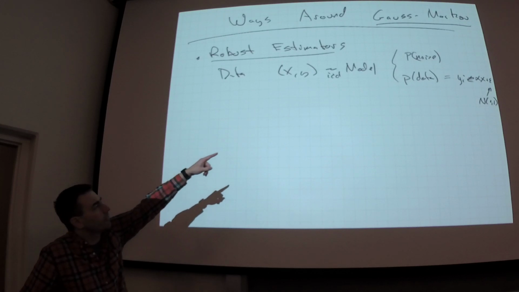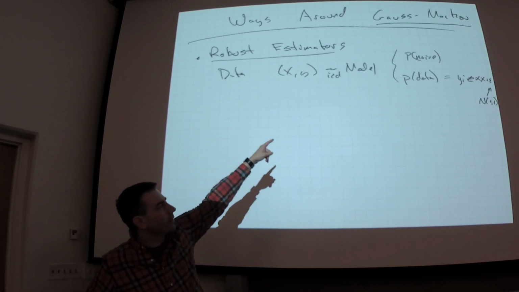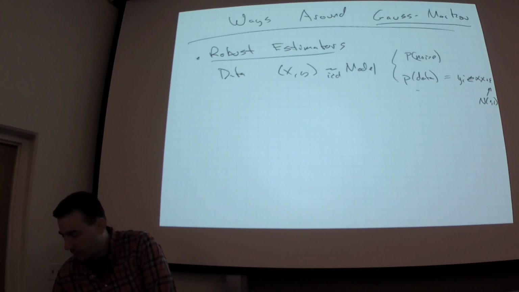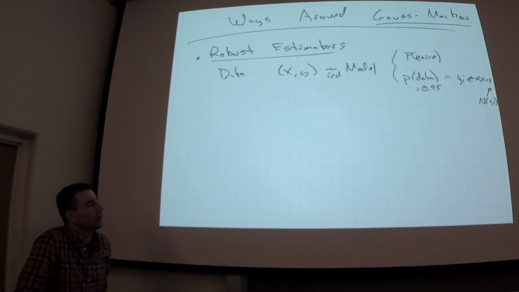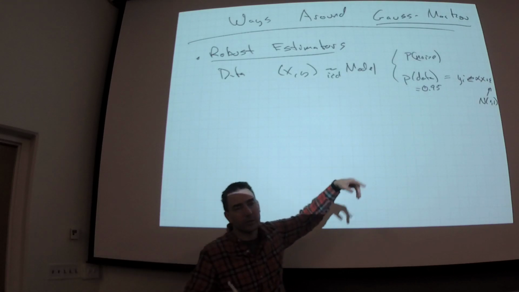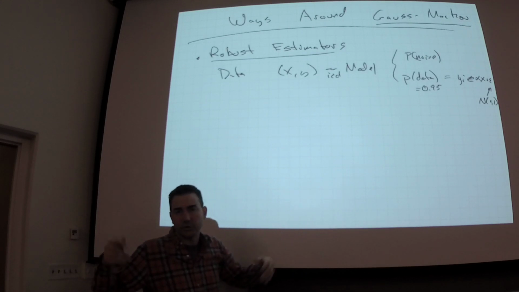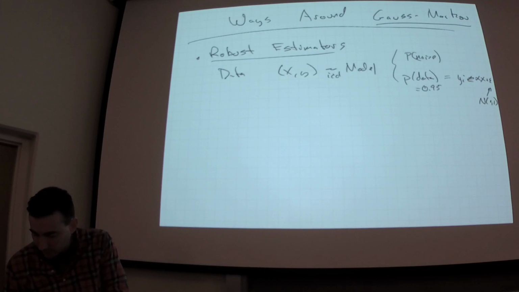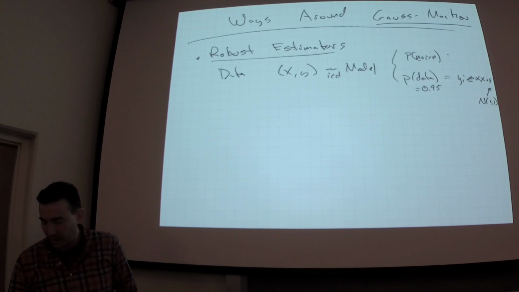So assume some fraction of my data is generated, and this may be, say, 0.95. So 95% of the data is generated IID from this model where it's some dot product plus some Gaussian noise or something else.